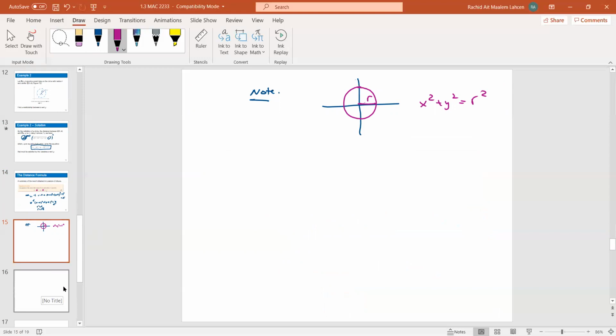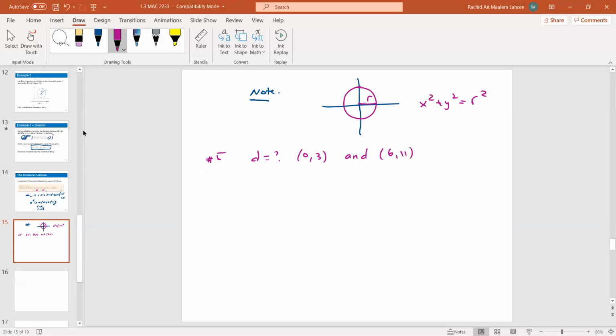All right, so let's look at some homework problems to finish up this presentation. For example, find the distance d between two points, (0, 3) and (6, 11).